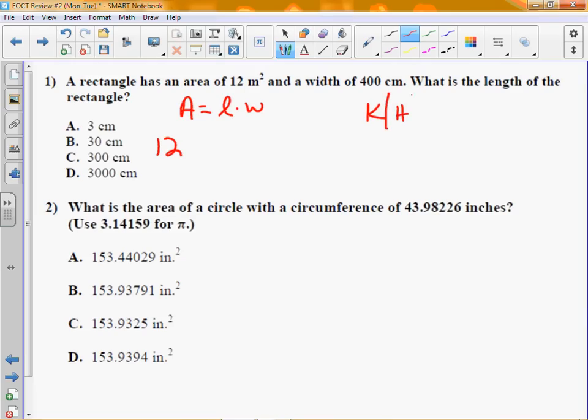So I remember from years past that King Henry died drinking chocolate milk or whatever it was, whatever your acronym is, that's okay. And understand that this is going from meters down to centimeters. So this conversion tells me that every time I move, because this is area and it's square meters, I move the decimal 2 places.